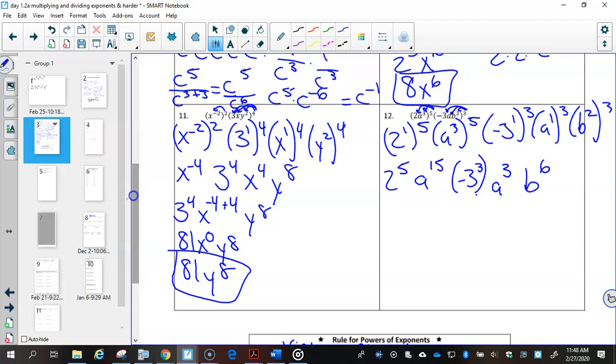Just like this problem, we're going to rearrange, put our numbers out in front. Here we have 2 a's. We're multiplying with the same base. What are we doing with the exponent? Adding. And then b is by itself.